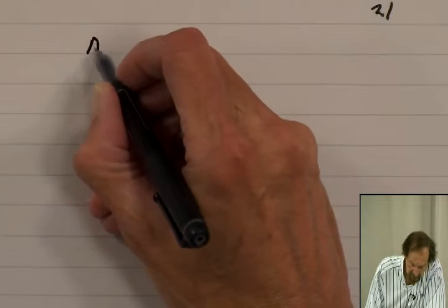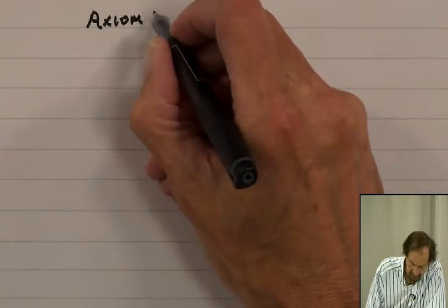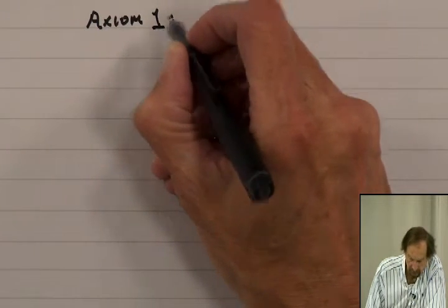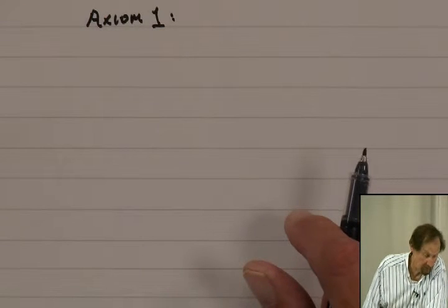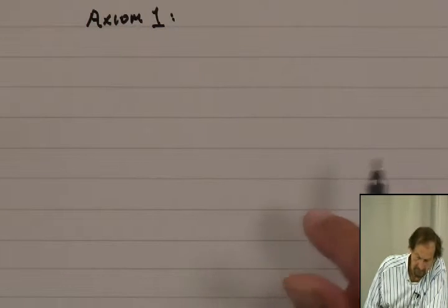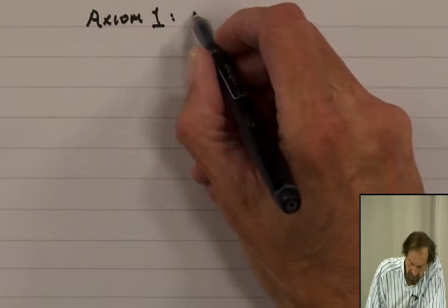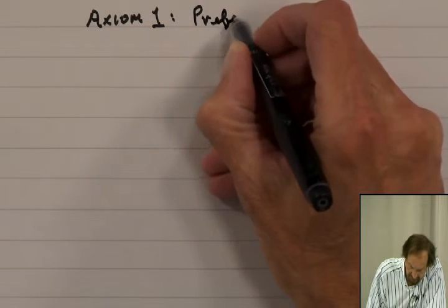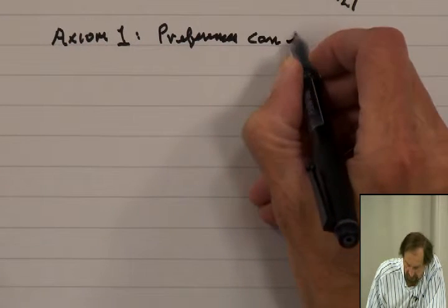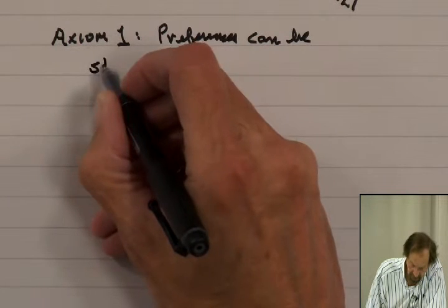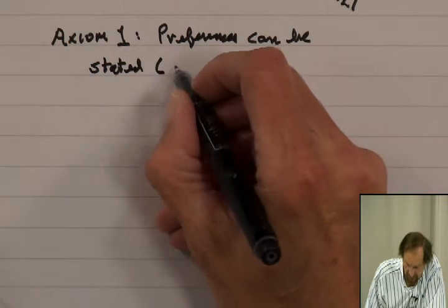These are three axioms that we can base utility theory on. Other treatments may have more, or actually most would have more axioms than this, but these are enough to state our things. It says preferences can be stated, and this is something we call completeness.